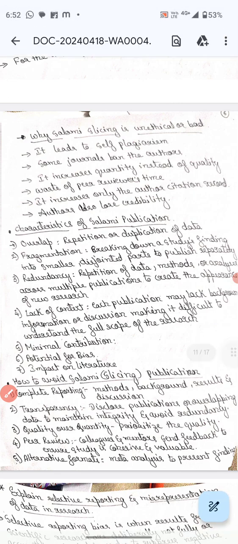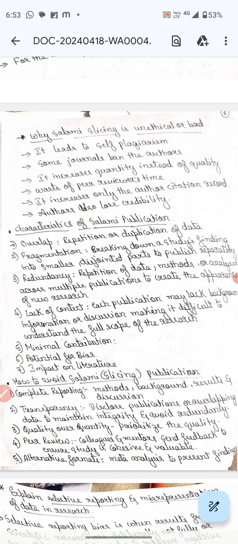What are the characteristics of salami publication? Overlap, fragmentation. Fragmentation means breaking down a study's findings into smaller, disjointed parts to publish separately. Redundancy: repetition of data, methods or analysis across multiple publications to create the appearance of new research.